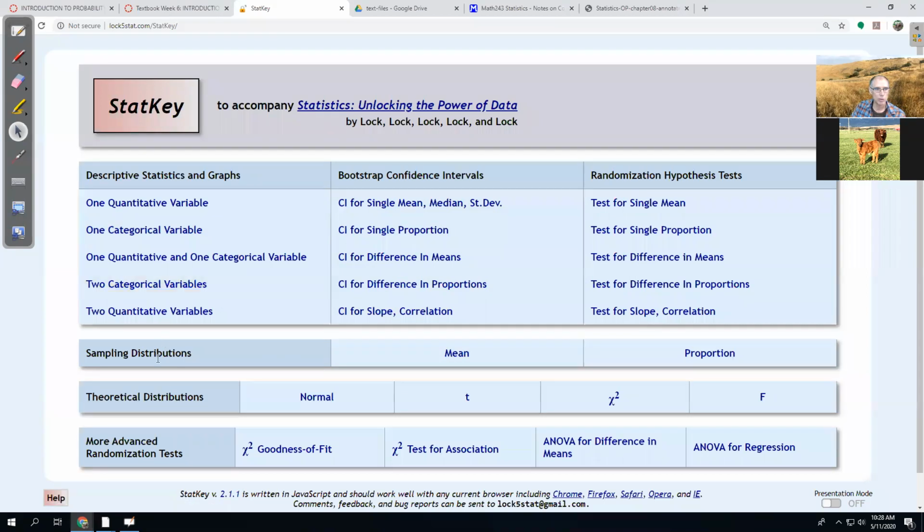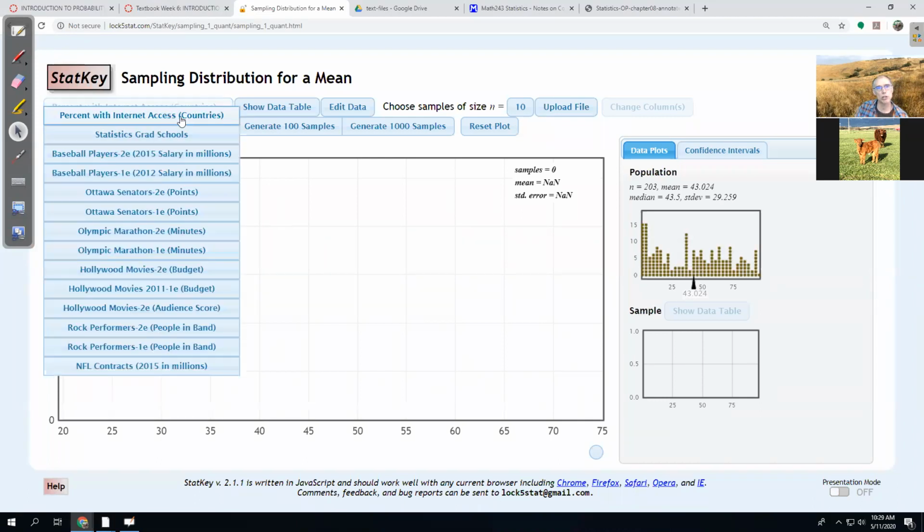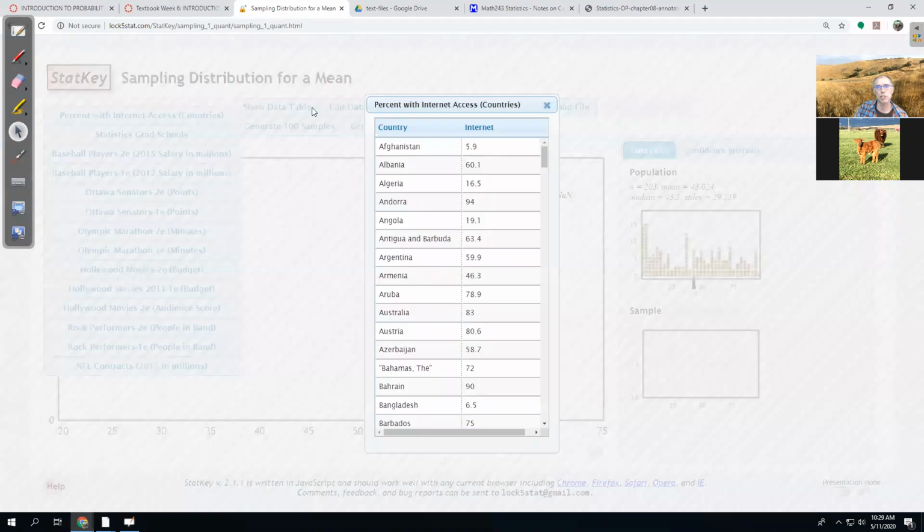So in StatKey, I'm going to sampling distributions for a mean. And then they have some data here. Now, the data they have here is different than the other data sets they have. Their other data sets are samples from different studies. These are actually populations. So for example, this first one says percent internet access. And after doing a little research, I looked up what these numbers mean.